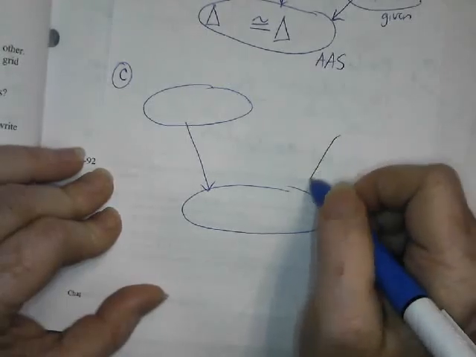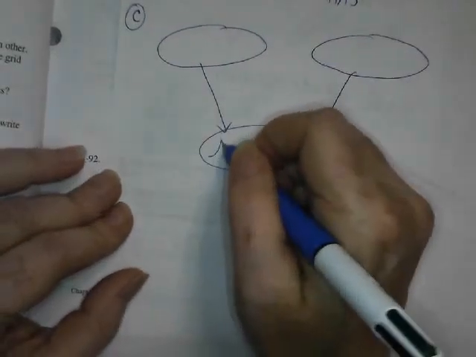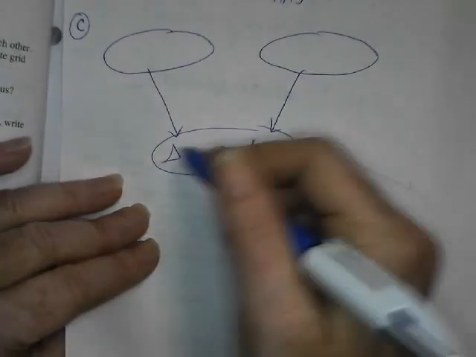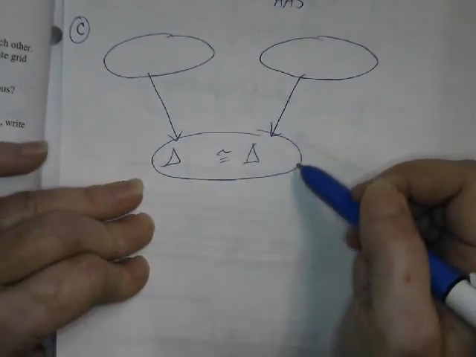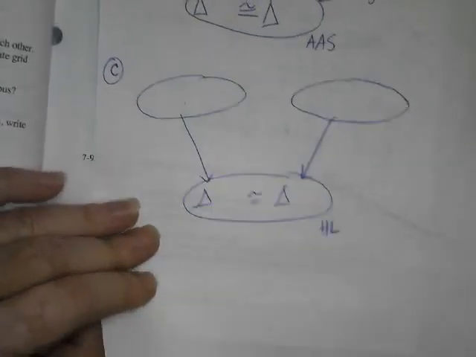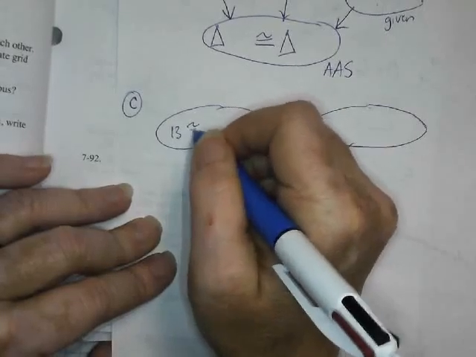So this one, I'm just going to use the hypotenuse and the leg, if you don't mind. So I would just go triangle is congruent with triangle. We don't have any letters, and I'm okay with that. We're just going to say hypotenuse, leg, and then we can put the hypotenuse here. The hypotenuse was 13, 13 and 13.